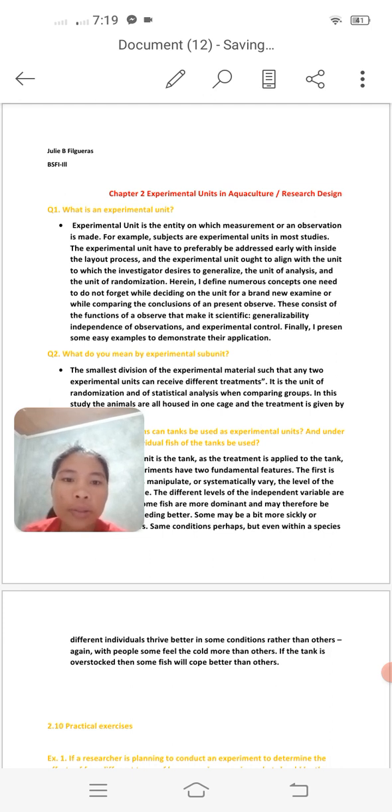Herein I define numerous concepts to keep in mind when deciding on the unit for a new study or when evaluating the conclusions of previously observed studies, which considers the role of the study in making scientific independence of observation and experimental control. Finally, I present some easy examples to determine their application.